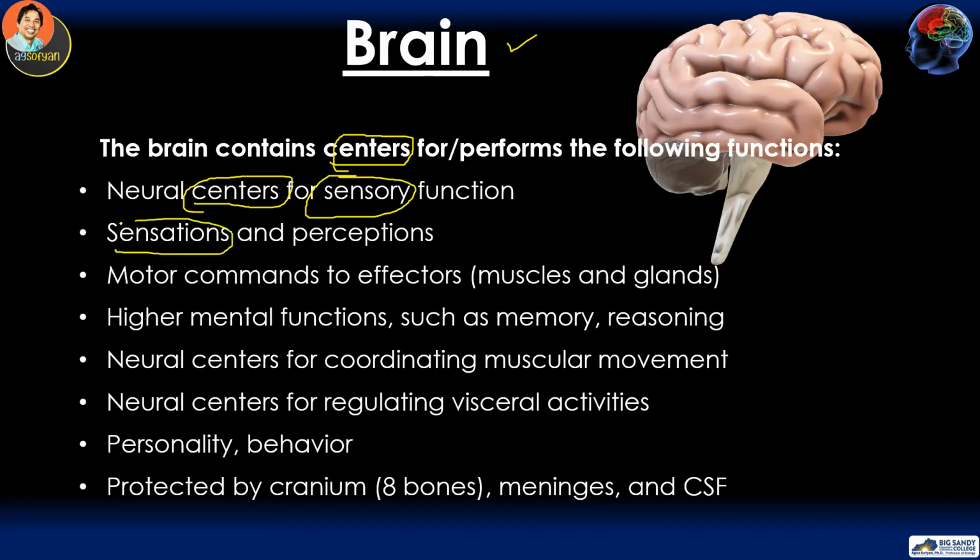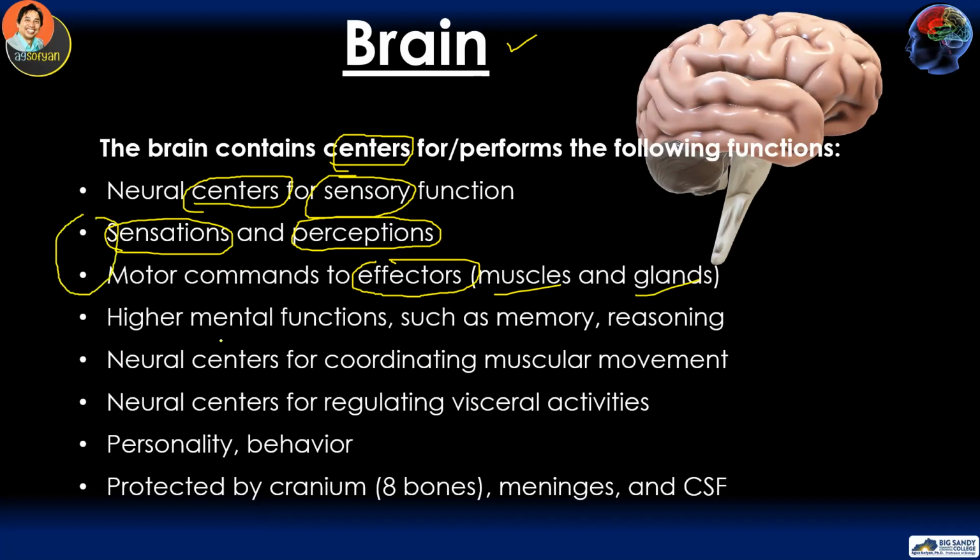Sensations and perceptions are given by the brain. It is also the one that commands or orders the effectors, like muscle and gland, to perform their action. So sensations and motor functions are found here.